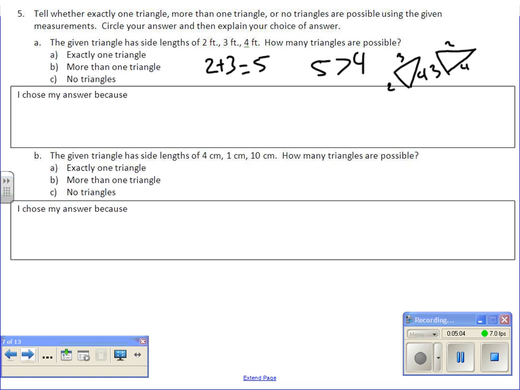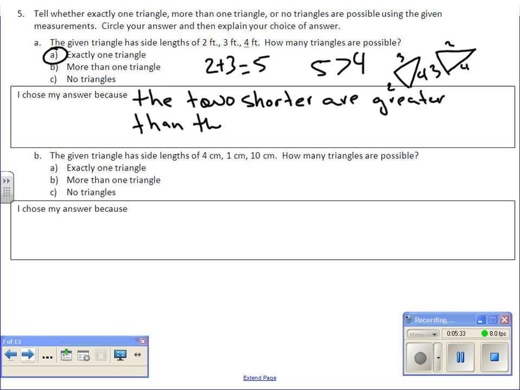So we can make just that one triangle. And I know this because the two shorter sides are greater than the long side, okay?